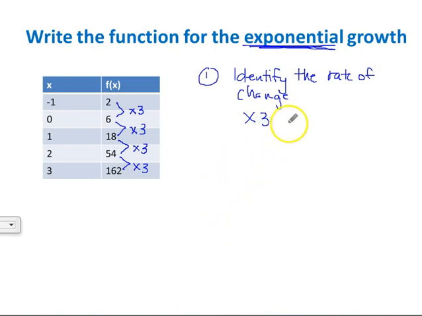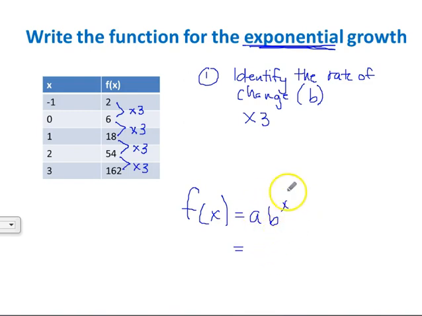In f of x equals a times b to the x, that's going to represent your b term. That's how we write exponential functions. So our b term, in this case, would equal 3 because we're multiplying times 3 each time.